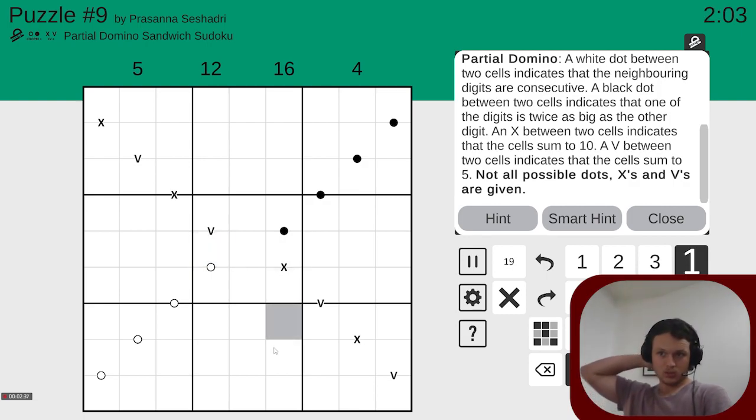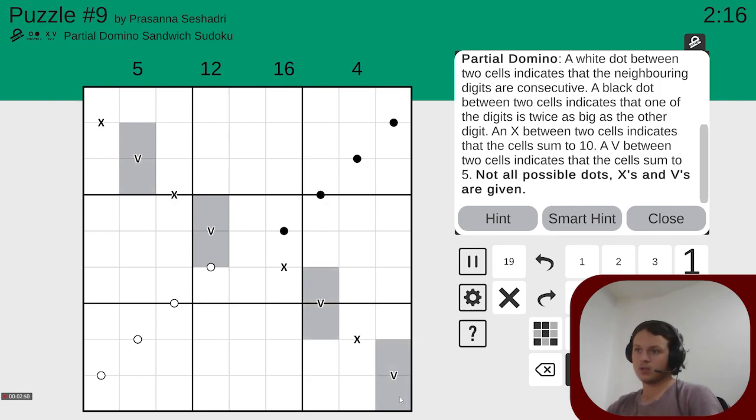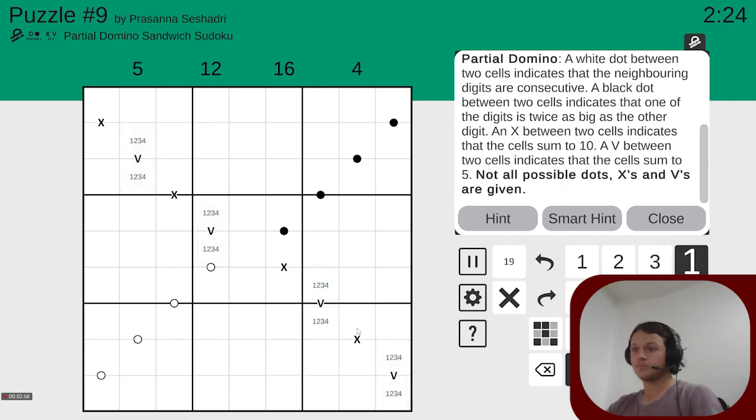So, let's get started. Why don't we? Okay, all these 5s, there's only 2 combinations that work on a 5, 1 and 4, or 2 and 3. There we go.